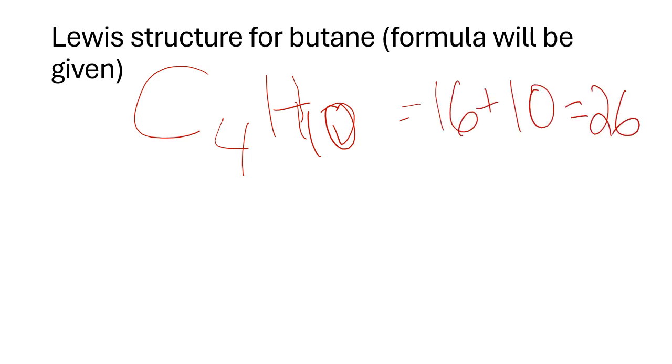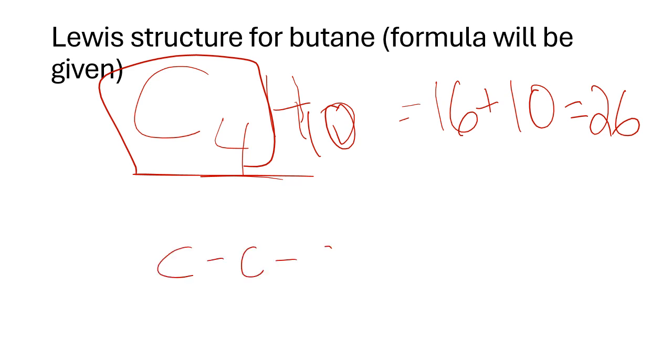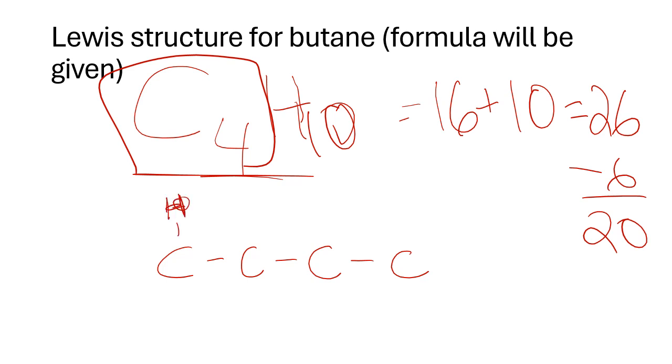We got 26. Now, when we have a carbon structure, the carbons all bond together. Those are all center atoms. So I'm going to bond them together using 2 electrons each. So 2, 4, 6, and 6, we got 20 left. And then hydrogens, I'm going to bond using 2 electrons each.